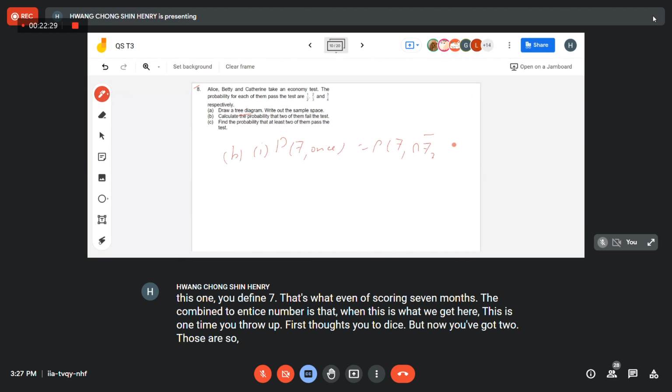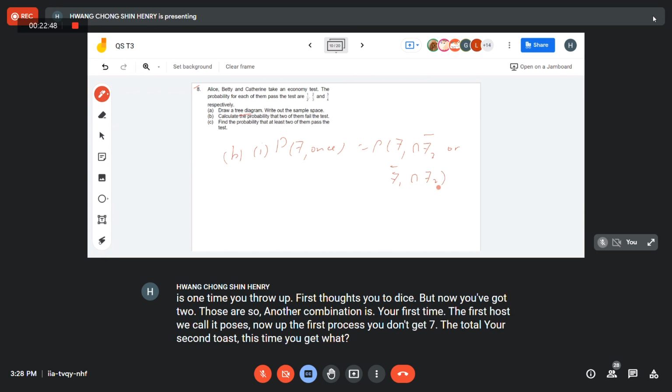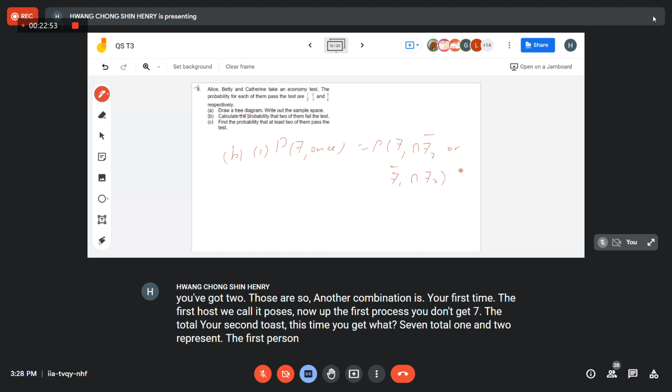So another combination is, your first toss, we call it tosses now, in the first toss you don't get 7 as the total. And your second toss, this time you get what? 7 total. 1 and 2 represent first toss and second toss.